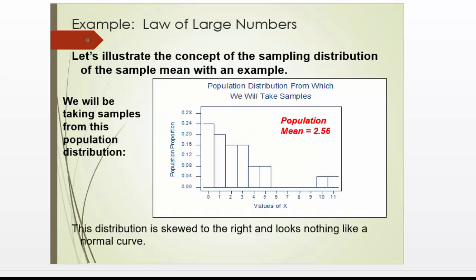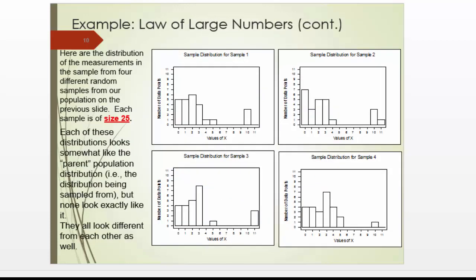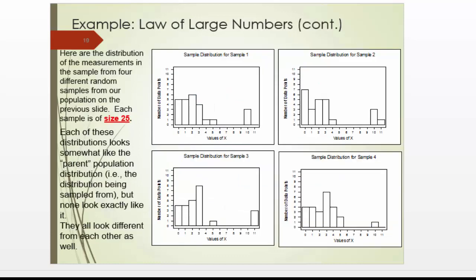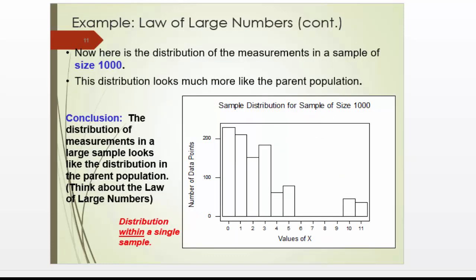So let's look at an illustration of the law of large numbers when we look at a distribution itself. Let's look at this very right-skewed distribution with a population mean of 2.56. If I take samples of size 25, they might not look exactly like the parent distribution that we just saw. But let's look at samples of size 1,000.